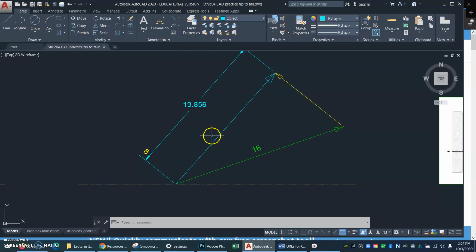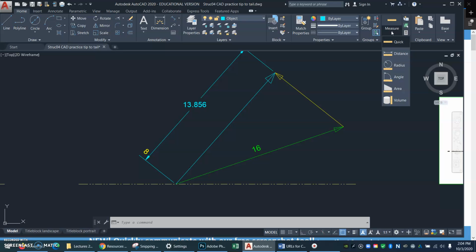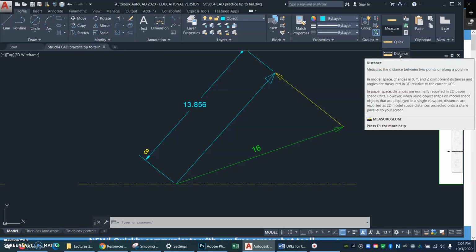Or I could do the distance command. Up here in your toolbar, under the utilities, are some handy measure tools, and one that I like is distance. You might think, oh, the first letter in this word is D, D for distance. That's going to turn out to be some other command.